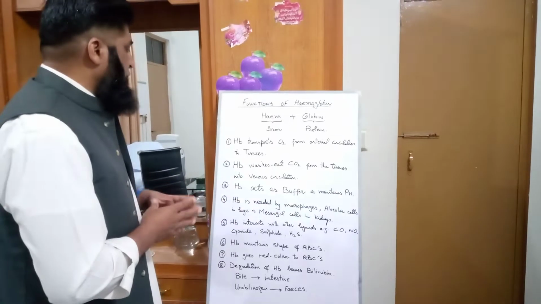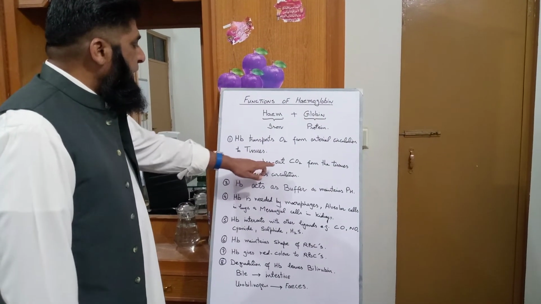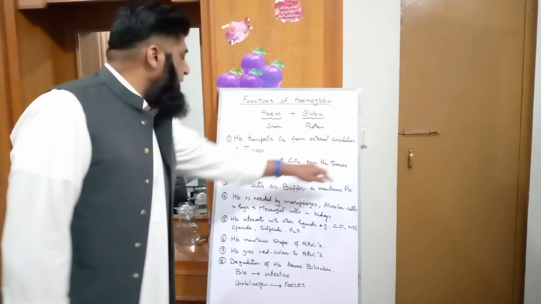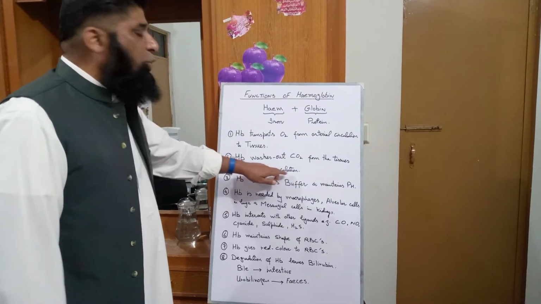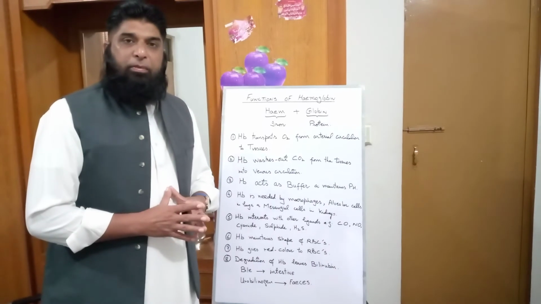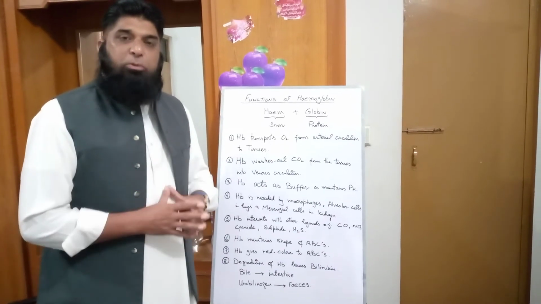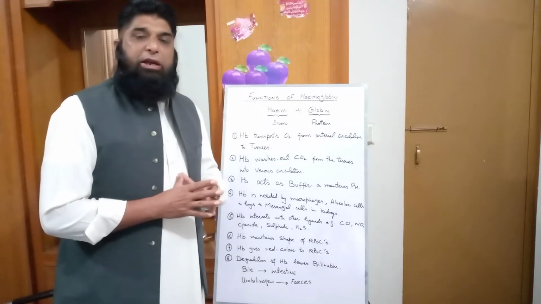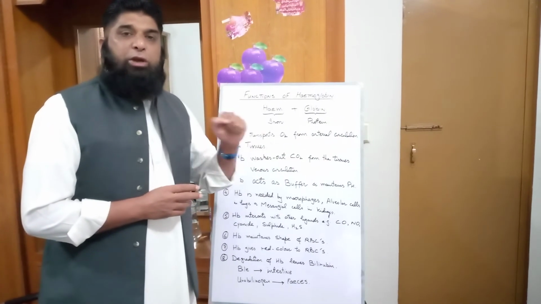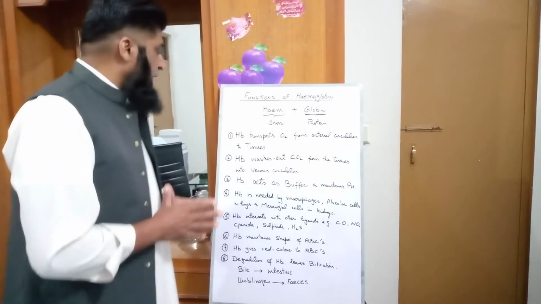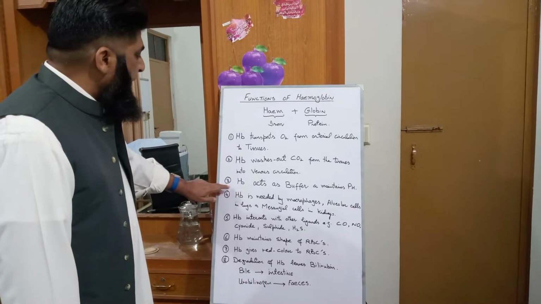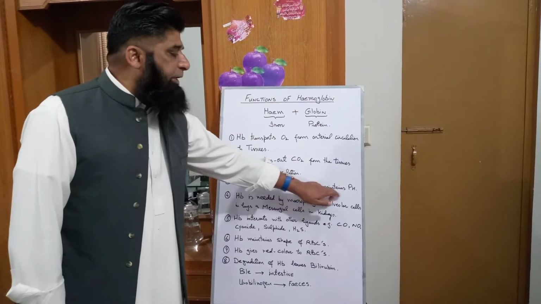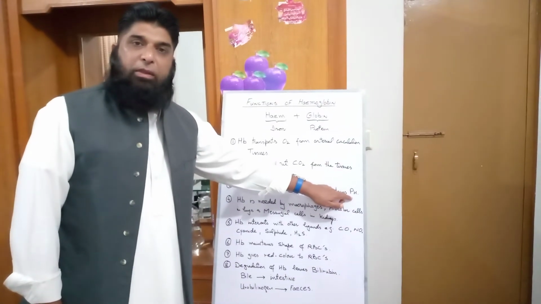Number second function, students. Hemoglobin washes out carbon dioxide from the tissues back into venous circulation. So we can say that hemoglobin acts as a buffer and maintains the body pH.